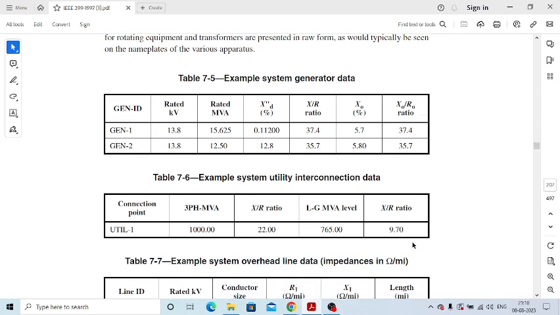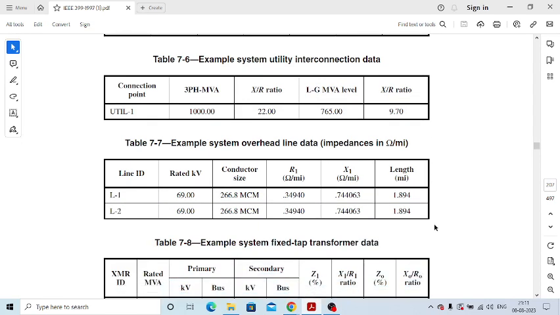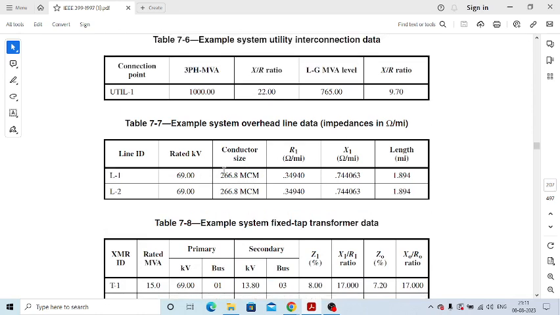Then for the utility, utility means the power grid. From the power grid, we need the fault MVA, then the X by R ratio. This is for three phase, and these two are for single phase: single phase to ground fault MVA, and single phase to ground X by R ratio. Then for the overhead line and cable, we need the conductor size and conductor length, meaning the particular transmission line or cable length, and its impedance.